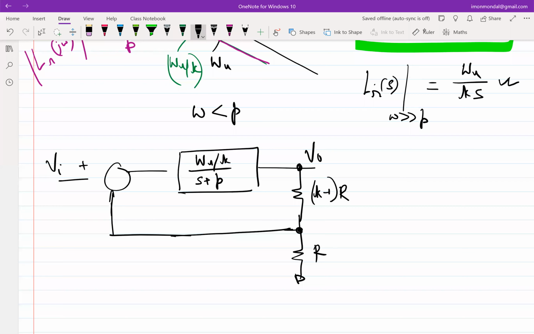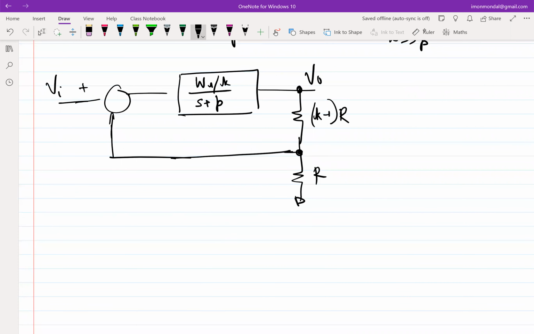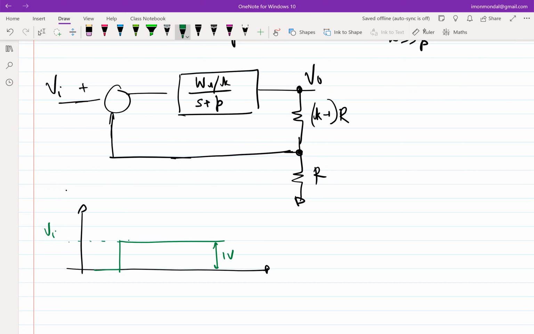Okay, so now let's put a step at Vi as we initially had put. This is a 1 volt step. So let's not forget about the dynamics. Now tell me what the output will settle to after time t equal to infinity, the final settling.